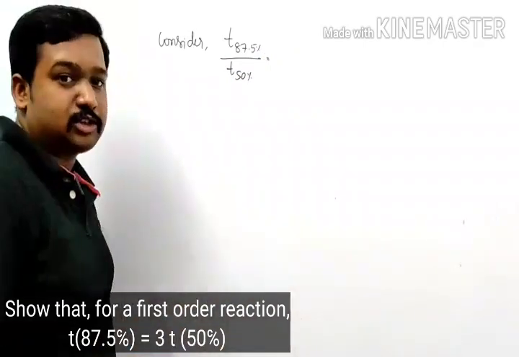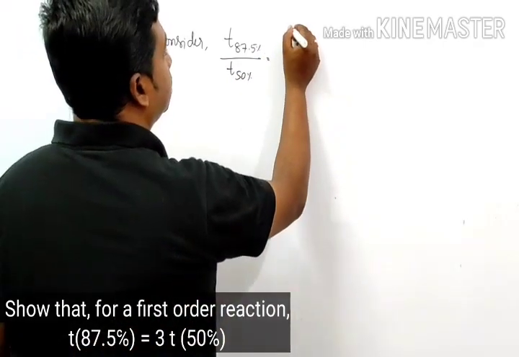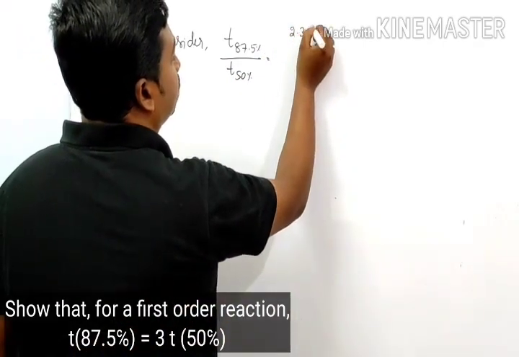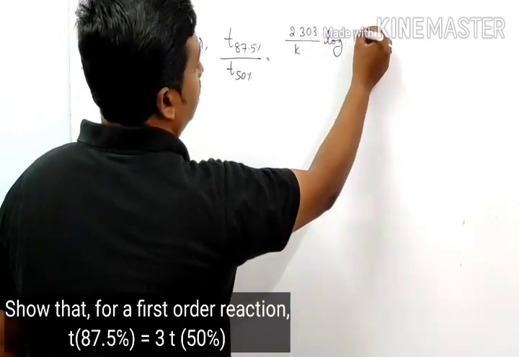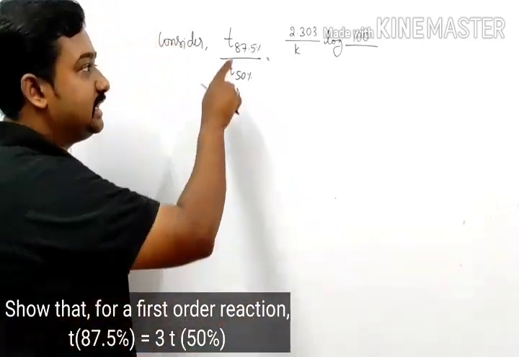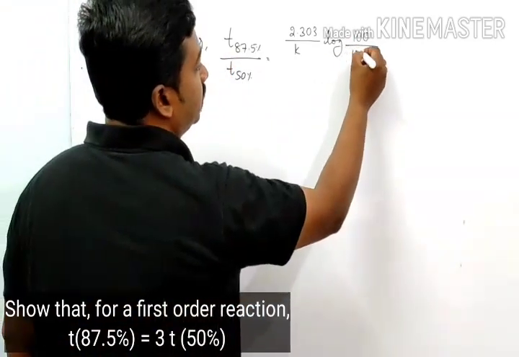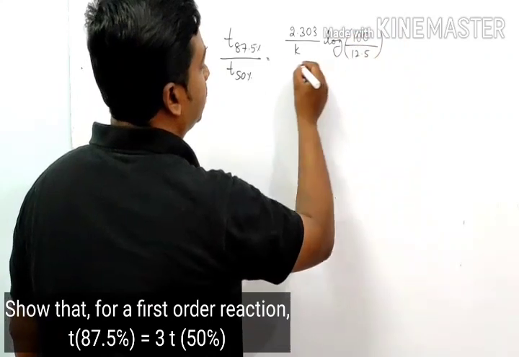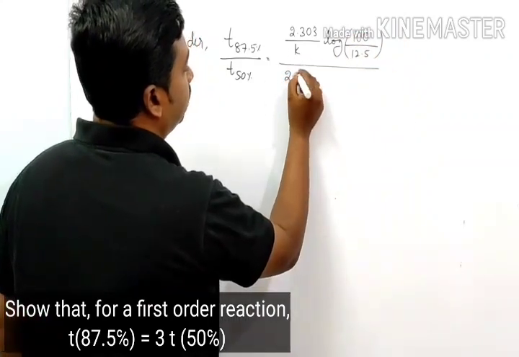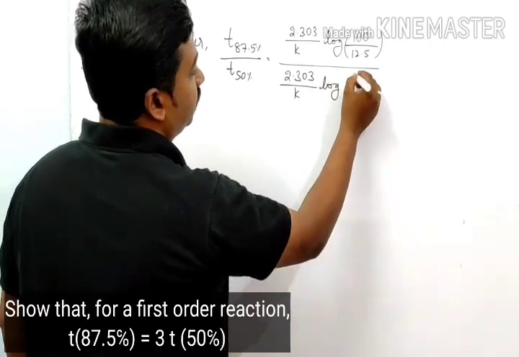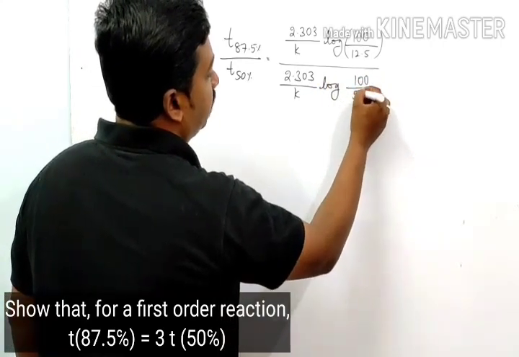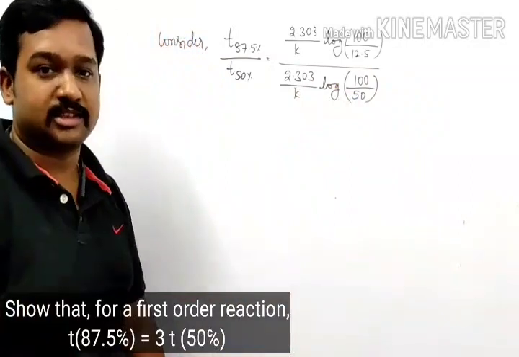Since this is a first order reaction, I'll take 2.303 by K into log of 100 by 100 minus 87.5, which will be 12.5. Then in the denominator, we will have 2.303 by k into log of 100 by 50. So this is the equation.